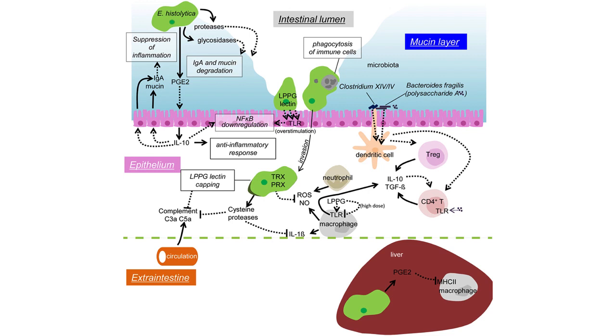So included in the protection is prevention of infection with Entamoeba histolytica. But because E. histolytica has these enzymes that degrade immunoglobulin A, they survive and are able to enter the interior of the enterocyte, or the cell of the small intestine.